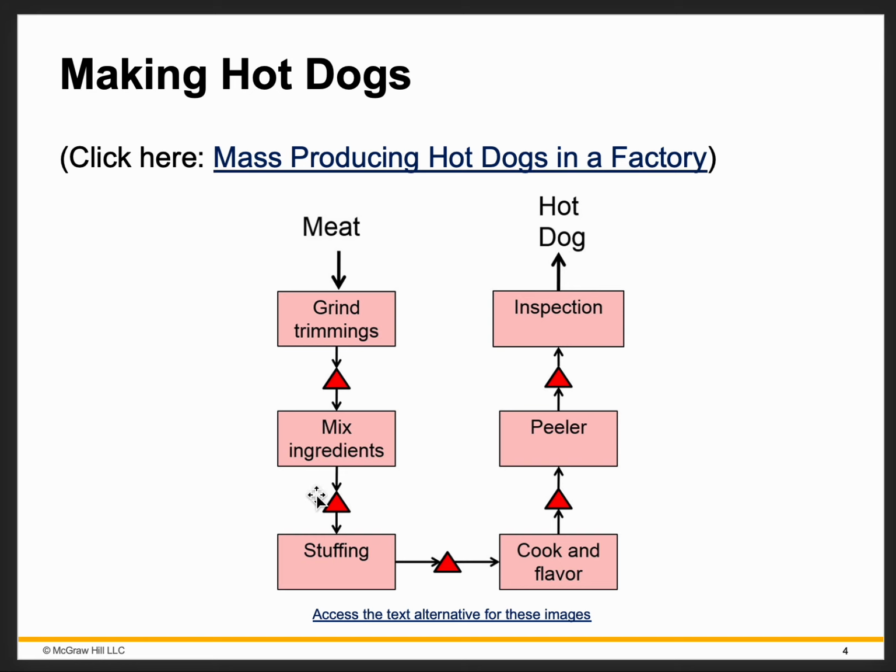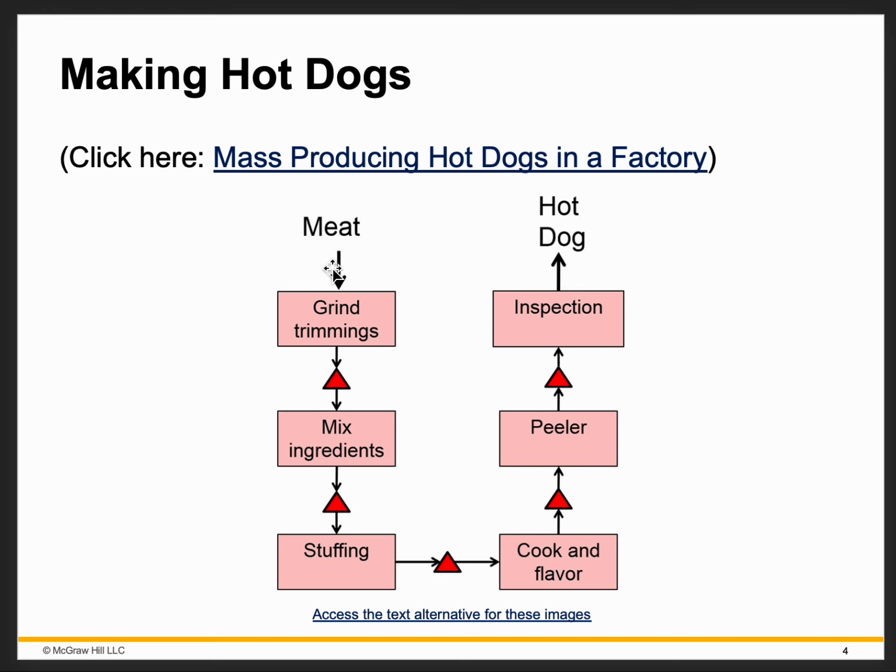The mixed ingredients are placed in a buffer, and then there is stuffing. You stuff all the ingredients into a particular shape. Once you do all of that, they are put on trays, and then they go into ovens where you cook and flavor them. Once they come back, you peel them. Then there is inspection, and finally we have hot dogs that come out of the factory. So this is the process of making hot dogs.